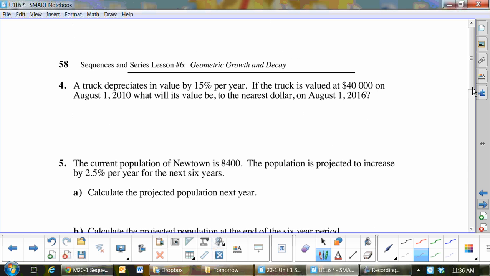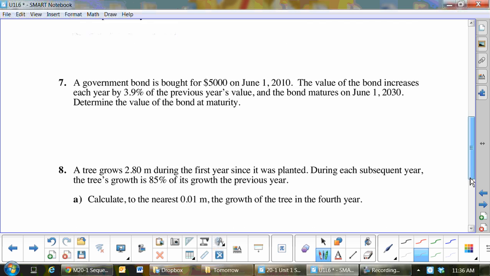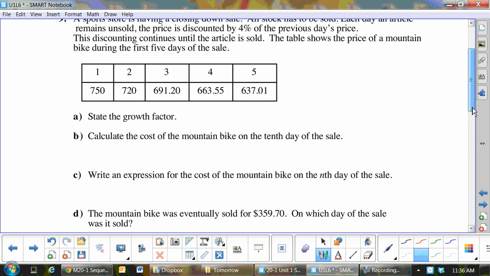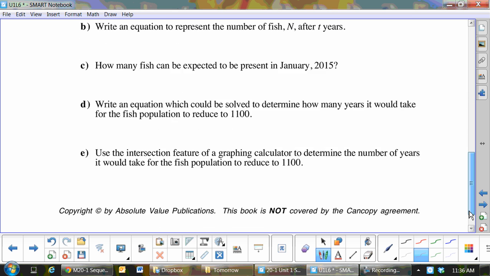What number is that? No, you don't have to do the group investigation. Okay, don't waste time. Let's go.